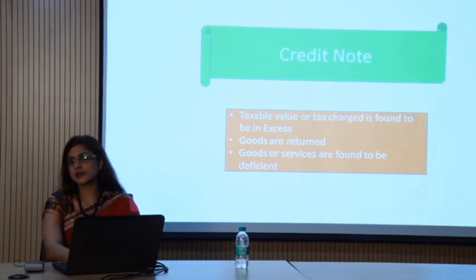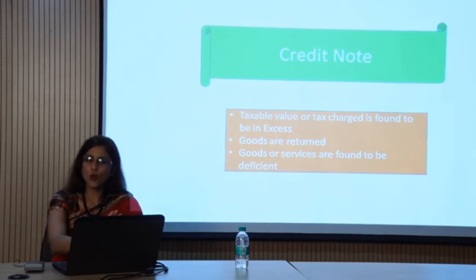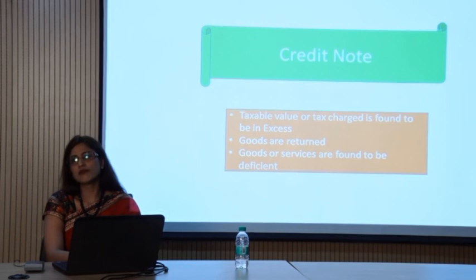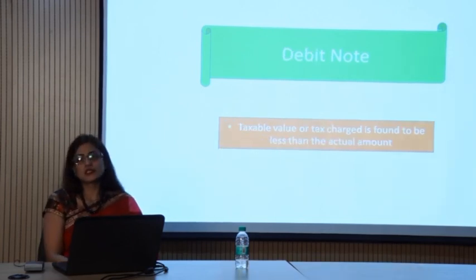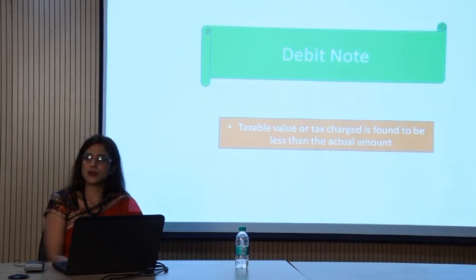Under these circumstances also a credit note will be issued. All the provisions of the credit note and the debit note you will find in section 34 of the CGST Act 2017.